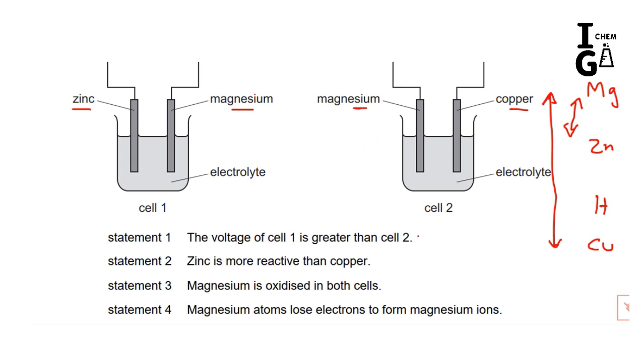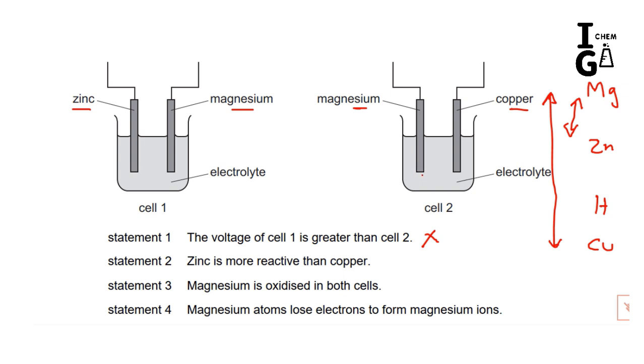So this one is not correct. How can we know the value of the voltage? You need to subtract the two values here. So look at Mg and Cu. As you see, the distance is very large, and the distance between Mg and Zn is not as large as between Mg and Cu. So the voltage in cell 2 will be greater than in cell 1. So this is not correct.